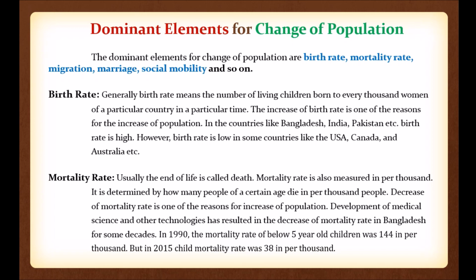So in 1990, the mortality rate of below 5-year-old children was 144 per thousand. But in 2015, child mortality rate was 38 per thousand. So there is a drastic change, and this change is obviously welcome to our country, because it is for the development of medical science, you know.